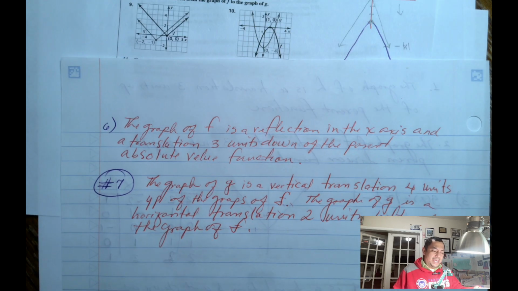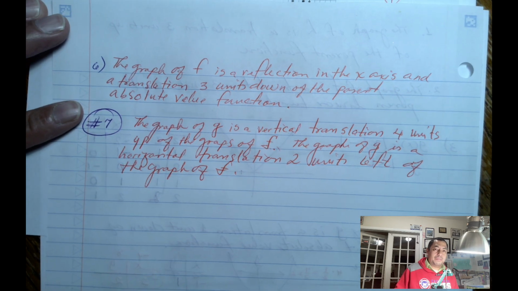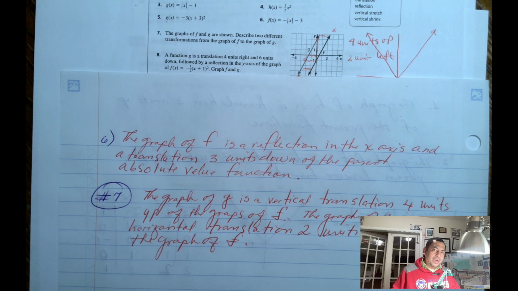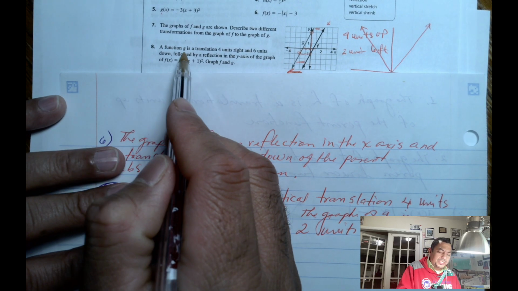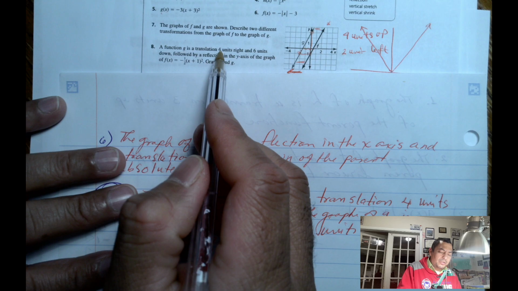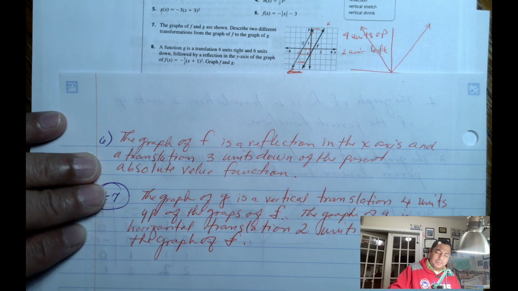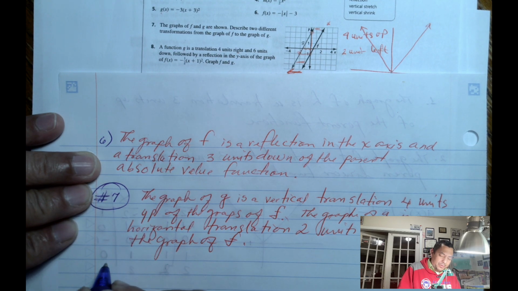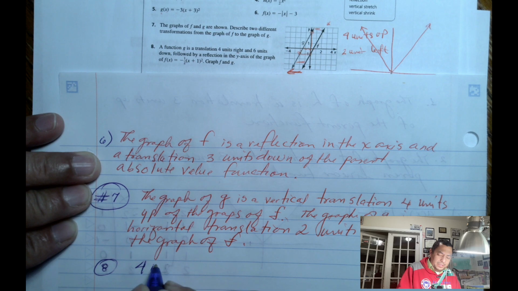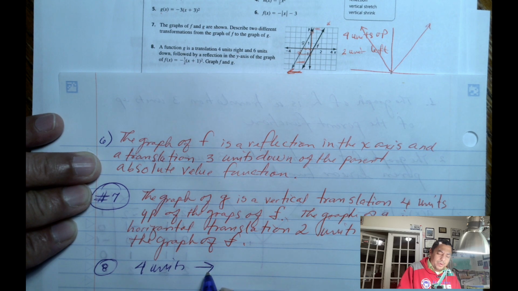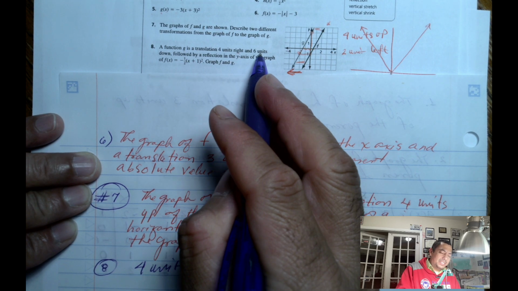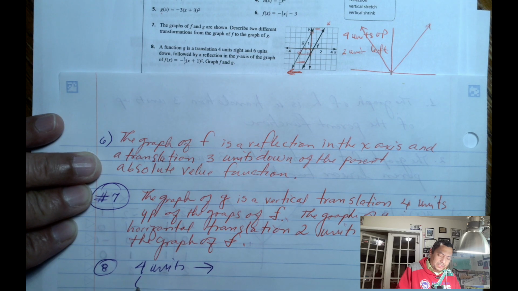Now, problem number 8, let's look at this one. So I have a function g that is a translation 4 units to the right. Okay, let me write this one. So I have number 8, 4 units to the right. Then I have 6 units down.